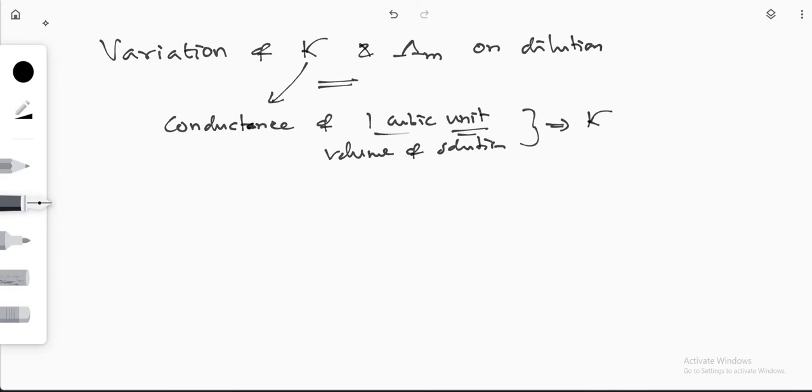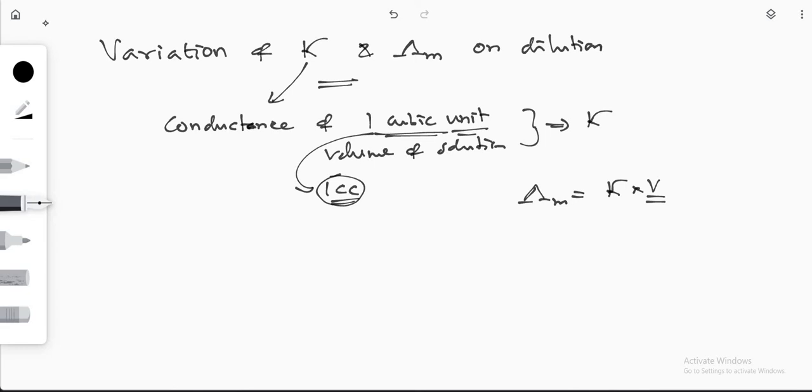If the distance between the two electrodes is 1 centimeter and area of cross section is 1 centimeter square, then 1 cc volume solution will give you conductance which is nothing but kappa. Now listen carefully, student. The conductance of 1 cc solution is kappa. Molar conductivity is nothing but kappa into the volume of the solution containing 1 mole of electrolyte.